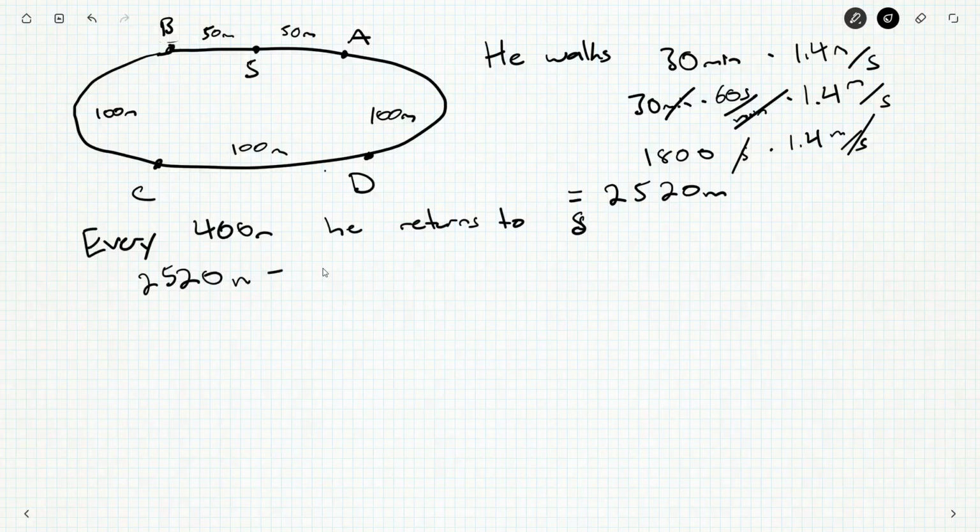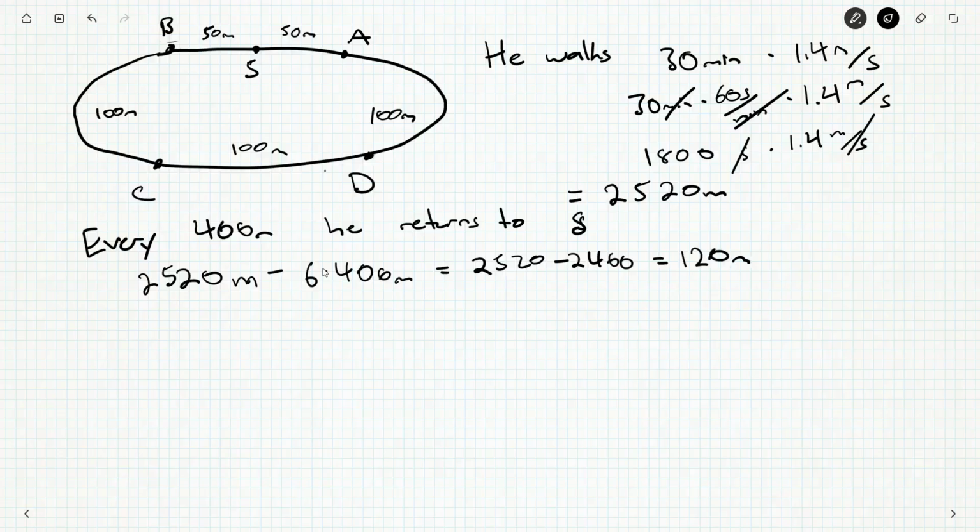I can see 2,400 is a little less than this, but 2,800 is a little bit more. So he's gone around 6 times. So that'll be 120 meters left.